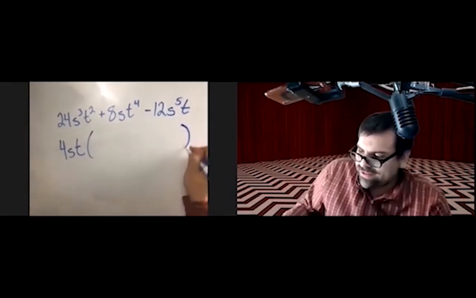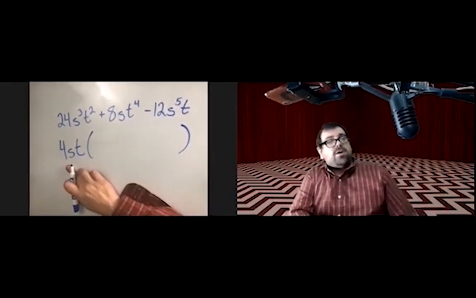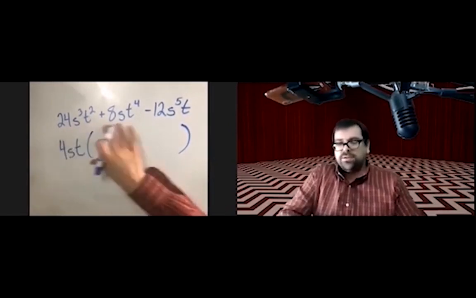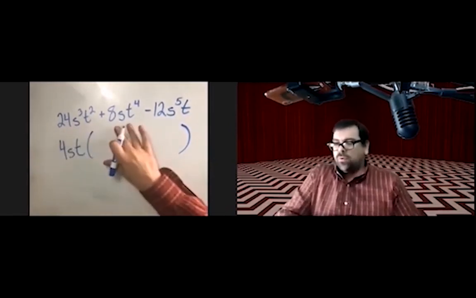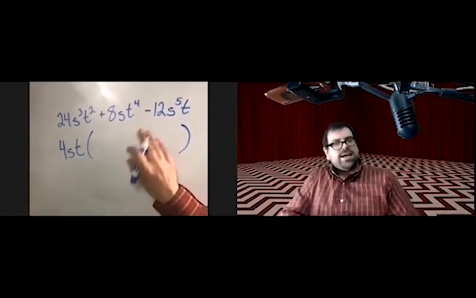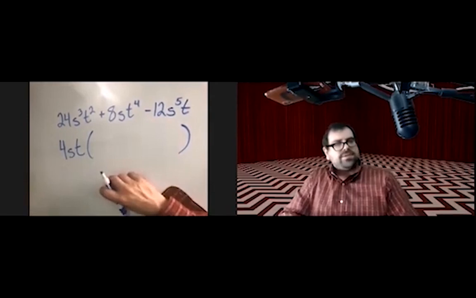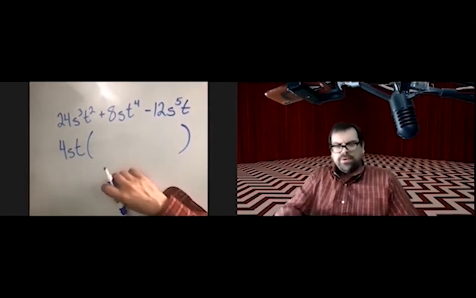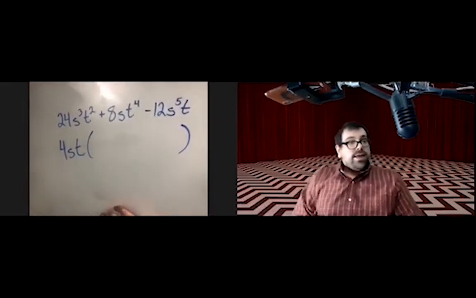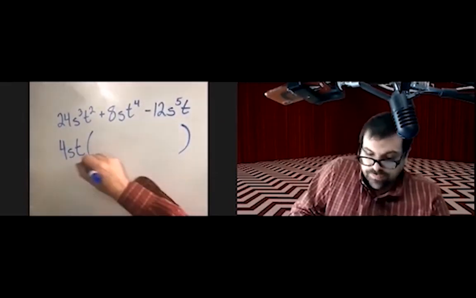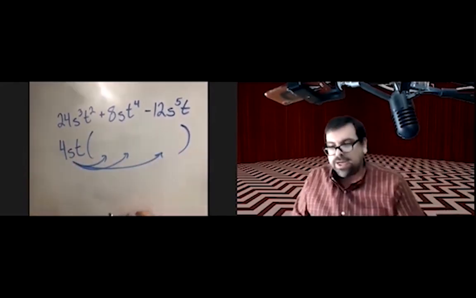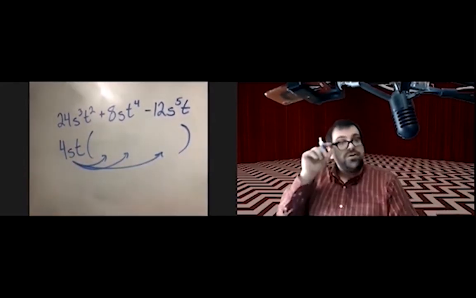So 4ST would be the greatest common factor of 24S cubed T squared, 8ST to the fourth, and negative 12S to the fifth T. 1, 2, 3 pieces in the original. So 1, 2, 3 pieces in the leftover.